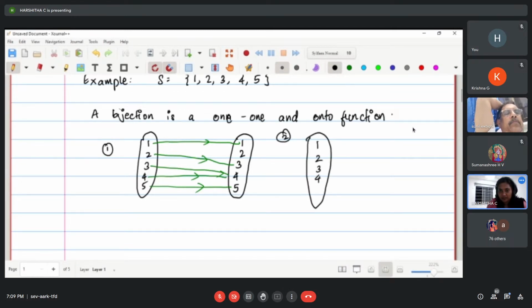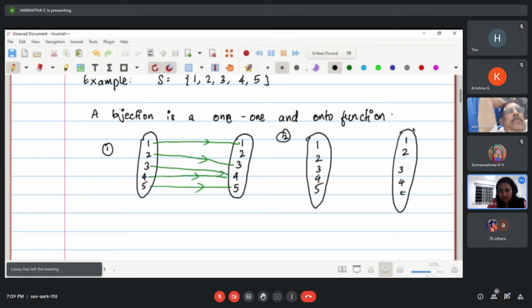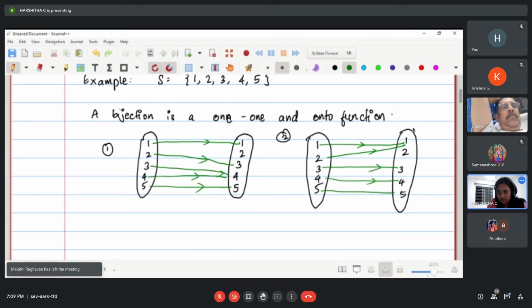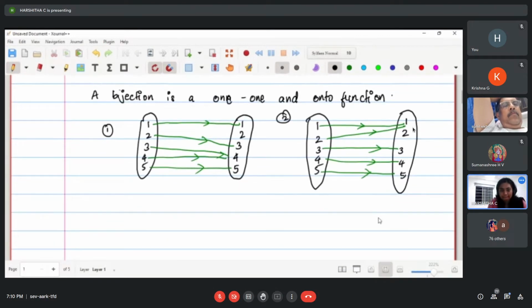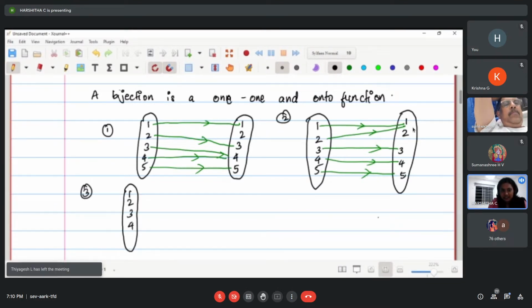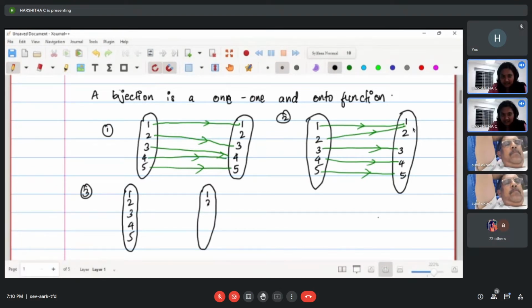Second one. And just one more. Okay, so you can start typing in the chat box if 1 and 2 are permutations while I write the third one.